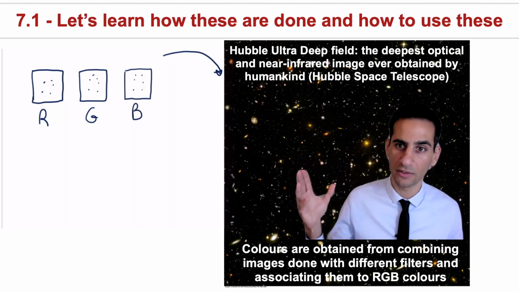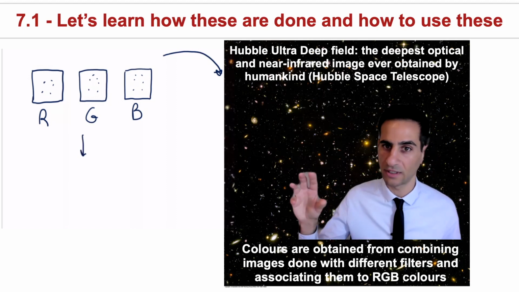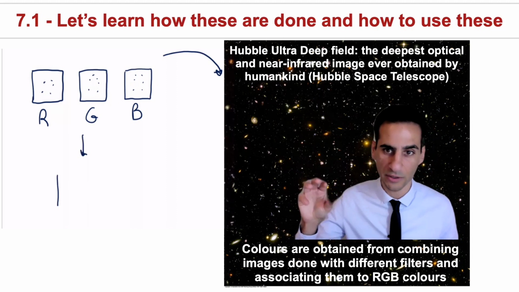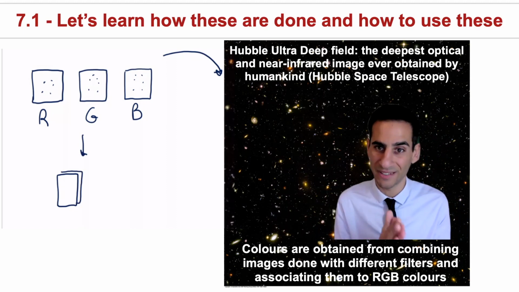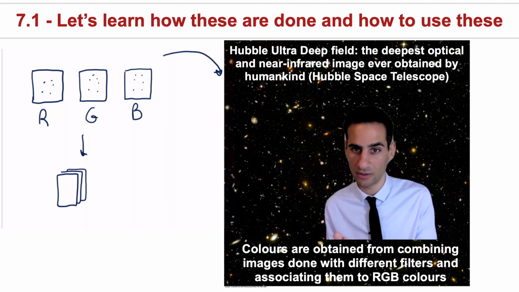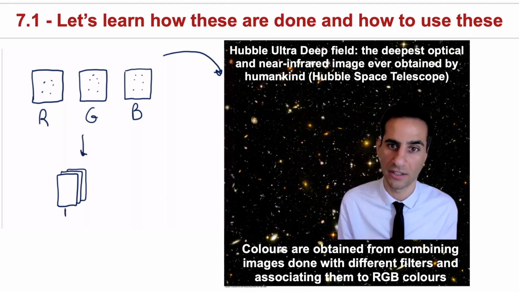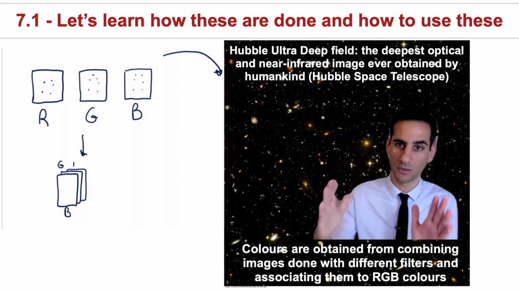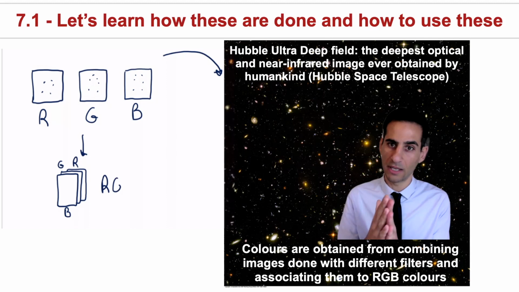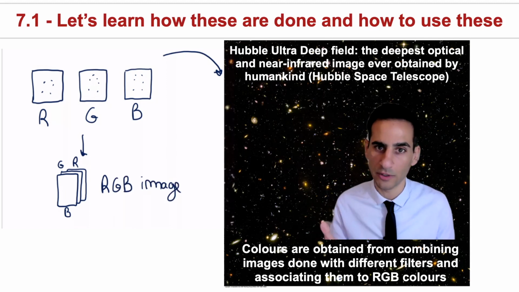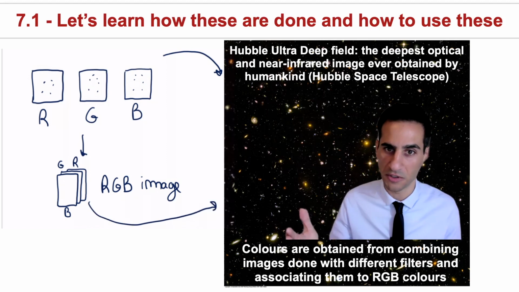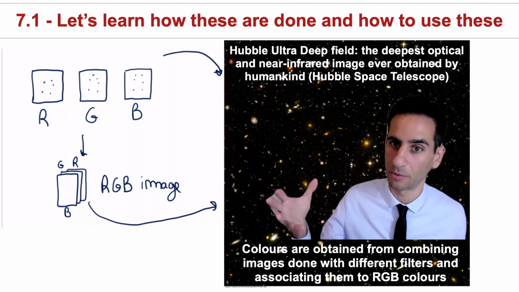If you want to have an image like this, you typically need to take images in a red filter, in a blue filter, in a green filter, and then you assign those intensities to colors before you can actually produce an image like this, when you pile them all up and then export them. So typically, these images will be reported as fake RGB images because this is how they are produced.